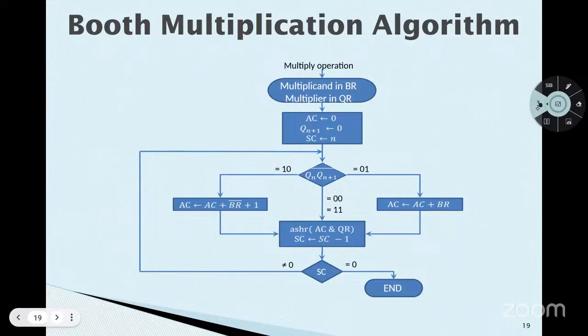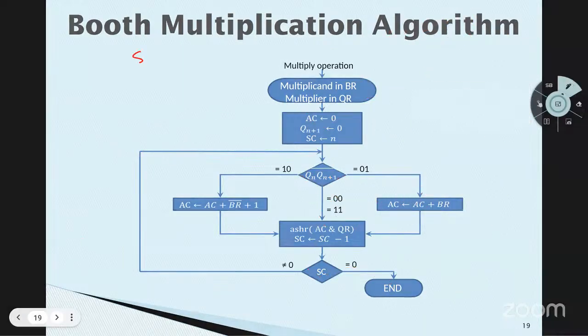Here, before this, what was there? Shifting operation. The difference, what is the difference between SHR and ASHR? Both are shifting operations. What is the difference?